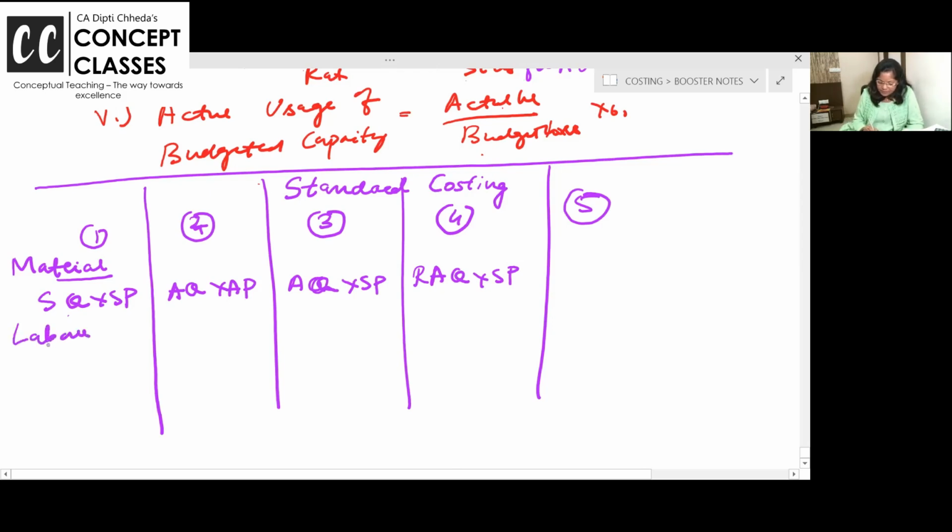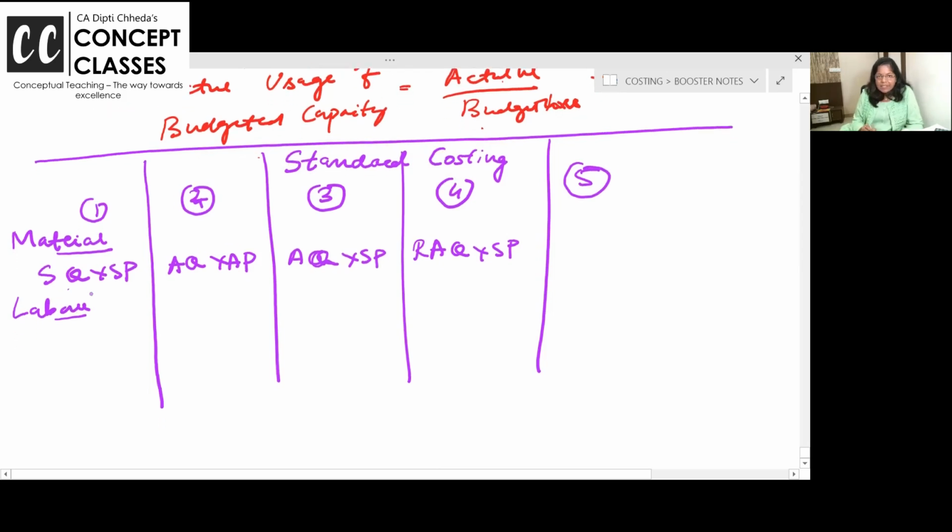Labor. Instead of standard quantity, standard hours. Standard rate per hour. Actual hours, actual rate. Actual hours, standard rate. Revised actual hours. Ma'am, this is beautiful.